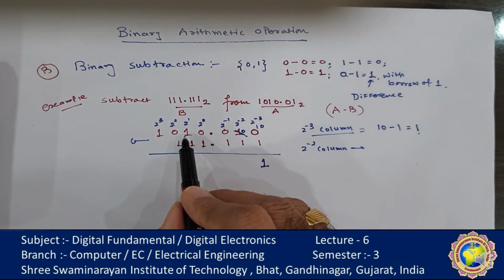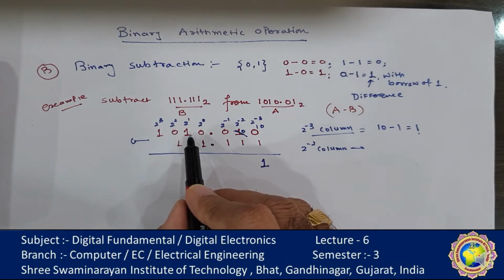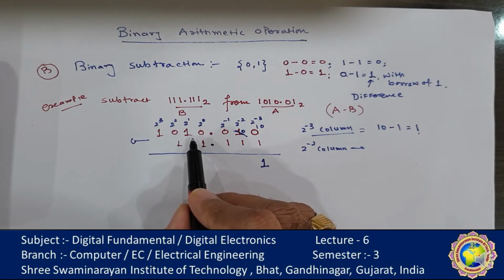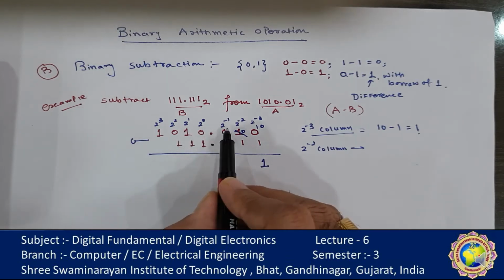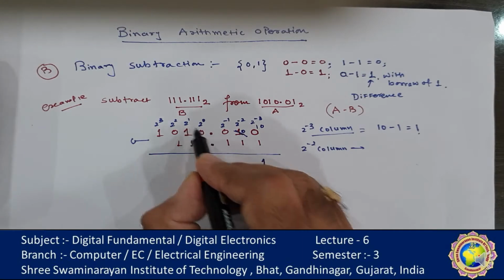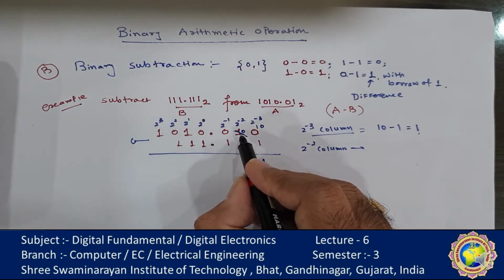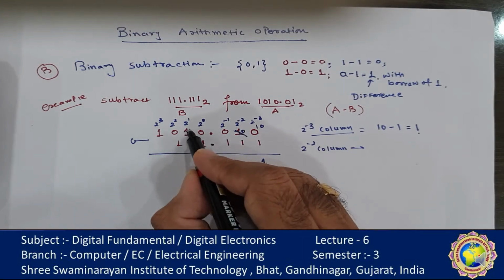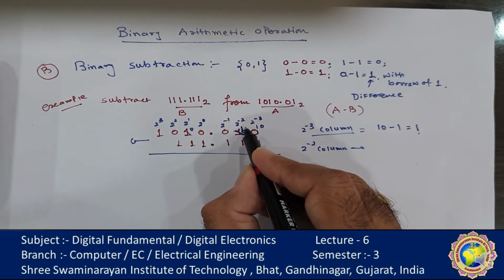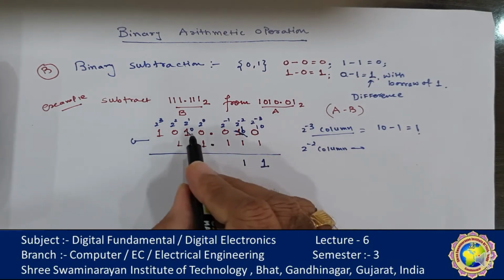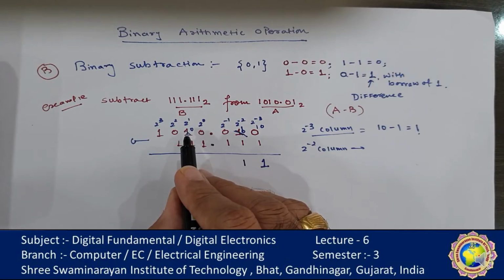So going to the 2 raised to the first column, it will convert into 0 and then we have to make it 1. So again here 0 will become 10. So 10 minus 1 is 1 again, and we already took the borrow from this number.